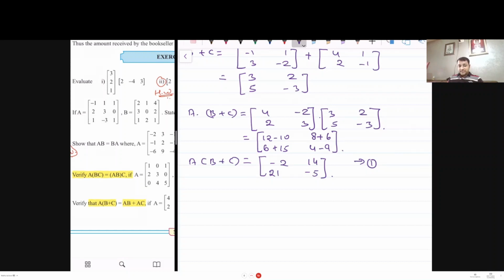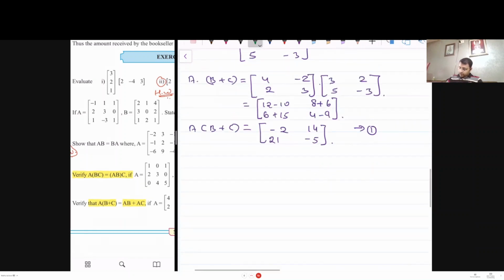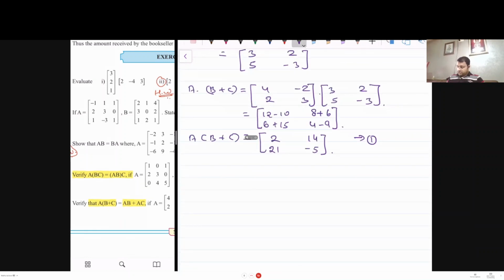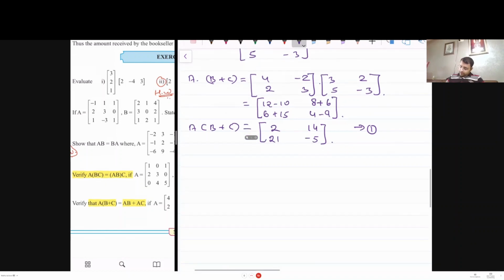For the RHS, you have to multiply AB first, then multiply AC, and then add both the matrices. Come on, I want everybody to give me the answer for AB. Yeah, so this is 2. Okay, now I want everybody to calculate the value of AB and AC on your own right now and tell me quickly.